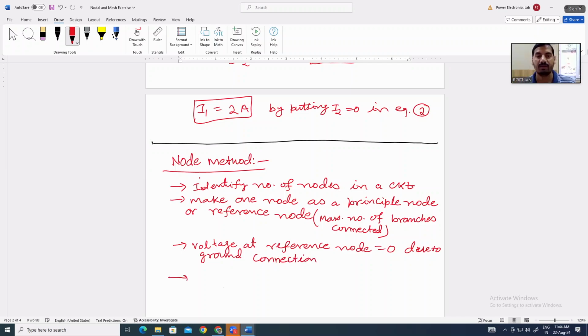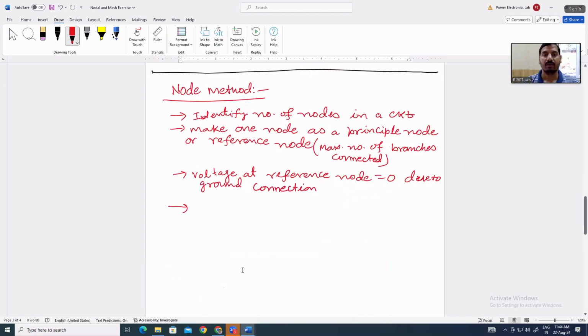Then we will apply KCL now. Apply KCL at remaining nodes.